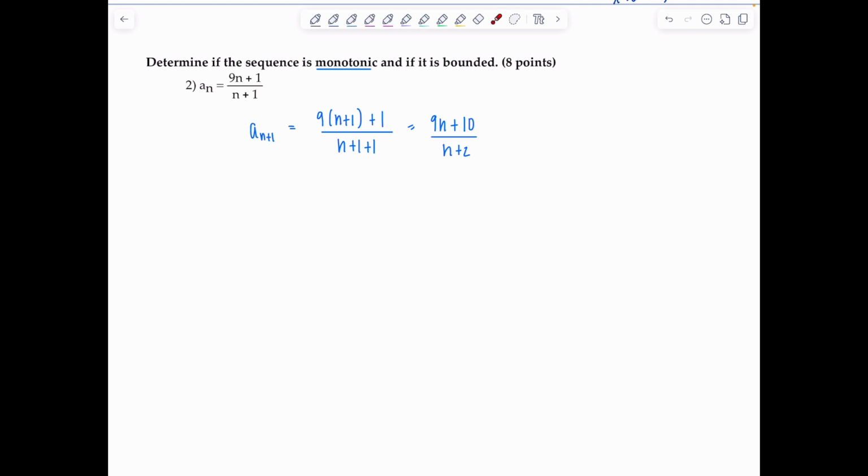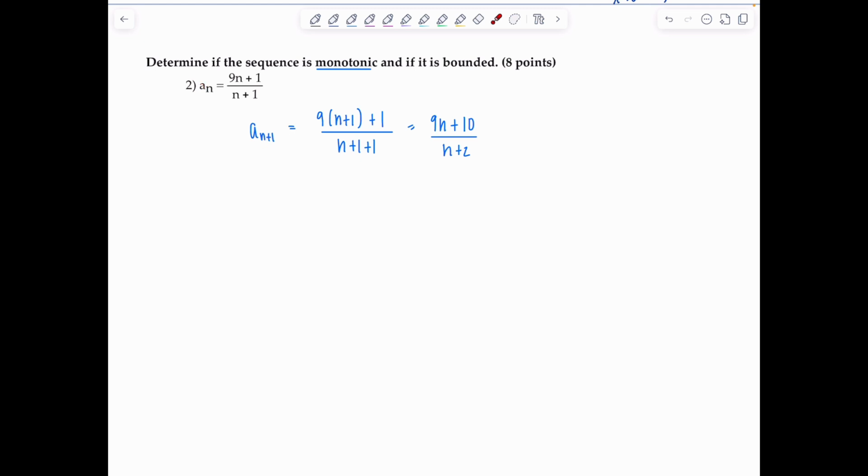Now if I look and compare a n plus 1 with a n, the numerator got bigger. So maybe I can say this is bigger, but then this denominator got bigger, and we know when we have a larger denominator, the overall expression's smaller. So it's not clear if a n is actually increasing or decreasing. I can't tell if this is bigger than the term that came before it, or smaller.